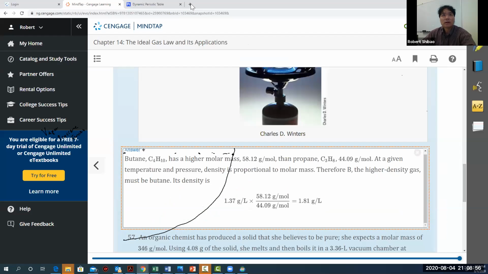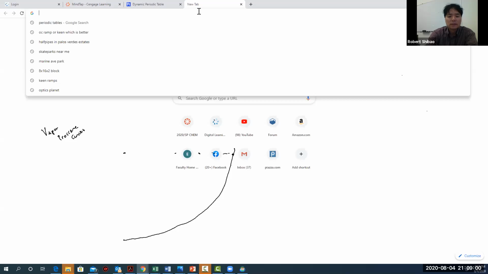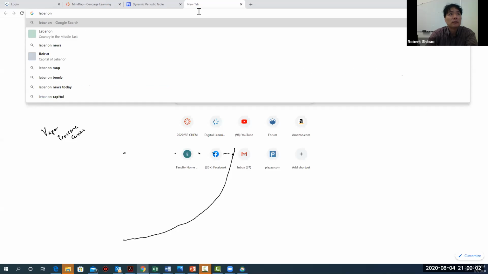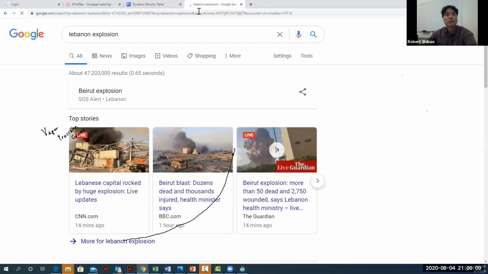But I don't know if enough information has gone through since it just happened. If you're not aware, there was a massive explosion in Beirut, Lebanon, and unfortunately dozens dead. That's a big explosion.